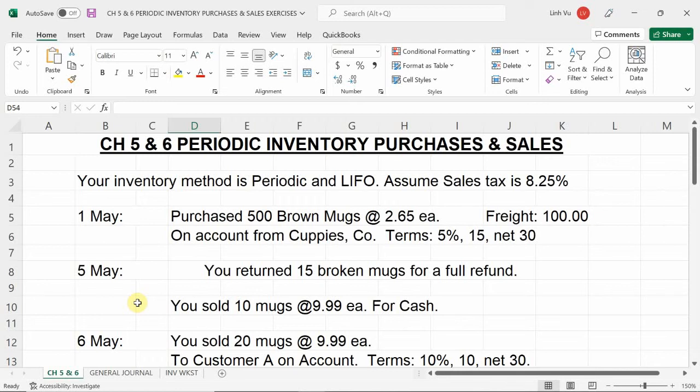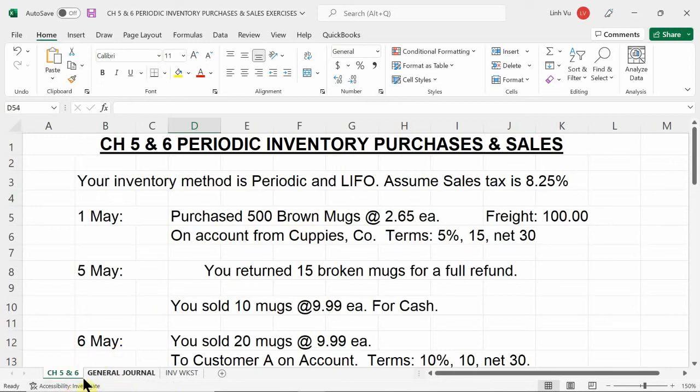And the freight costs you $100. Now, of course, you put it on an account from Cuppy's Co. And again, terms are 5%, 15, net 30, okay? So in this case, you purchase 500 brown mugs at $2.65 each with a freight of $100. In this case, let's practice journalizing first.